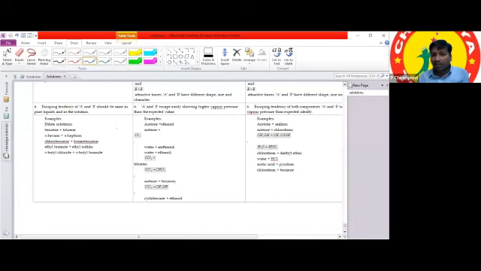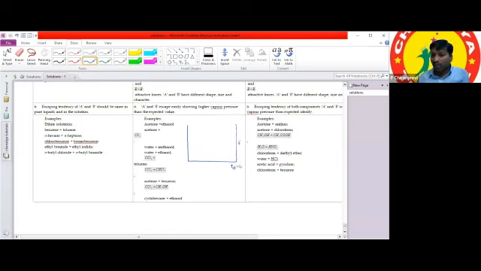Sir, how can we represent it? Here, we are taking pressure on the y-axis and mole fraction values on the x-axis. Here, xa is equal to 0.